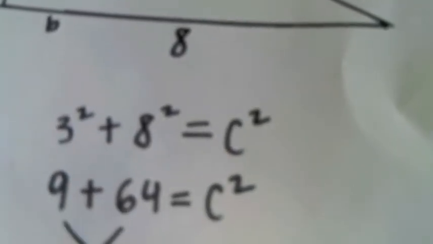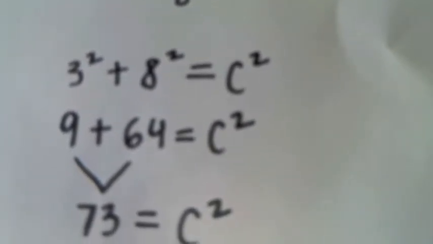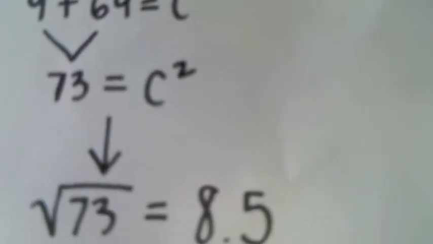Together, 64 plus 9 is 73, which equals c squared. So the answer would be the square root of 73, and in decimal form, you would round it to 8.5, which is an irrational number.